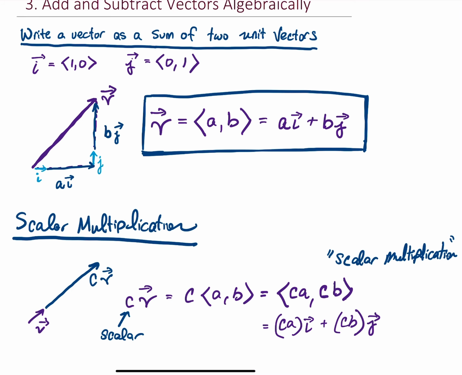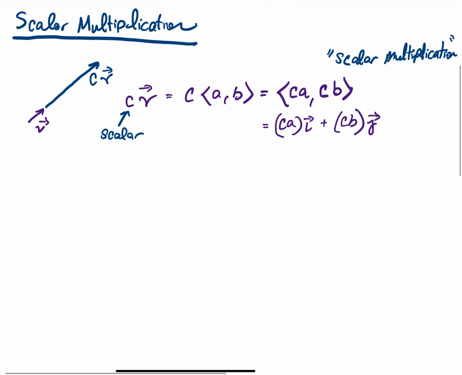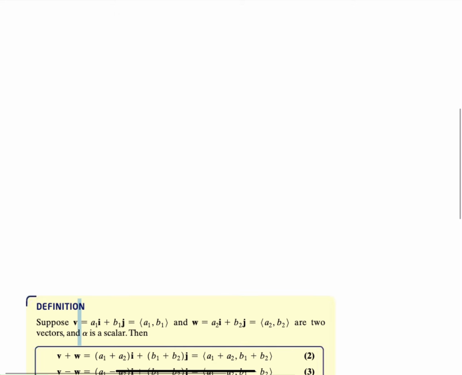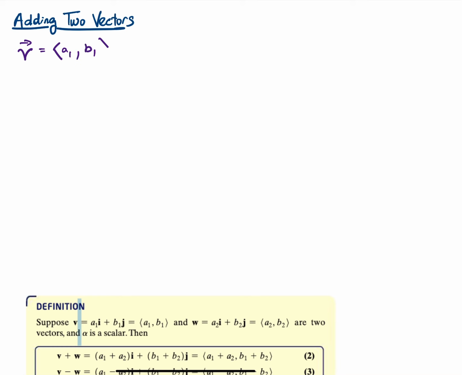So with this in mind, let's see how we can add two vectors together. So let's say we have some vectors v and w. Let's say v is a1, b1, and then w is another vector, which we'll say is a2, b2.